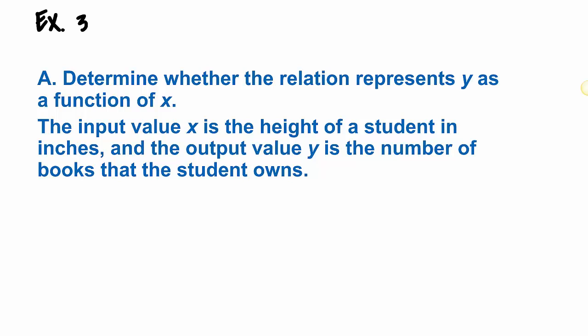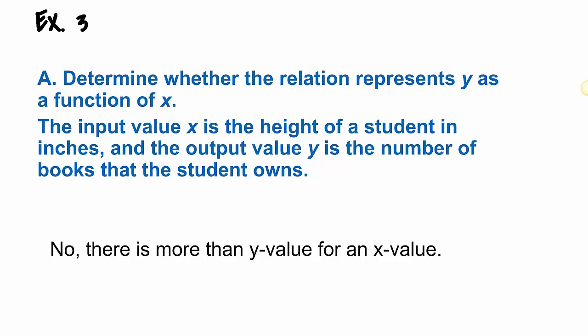There's not necessarily any relationship between how tall you are and how many books you own. That doesn't mean anything. But just looking at the x part of this relationship, the height, we could have several people that have the same height and different numbers of books or the same numbers of books. That doesn't really matter. But since several people would have the same height, that's repeating the x value, which makes this not a function. Okay?